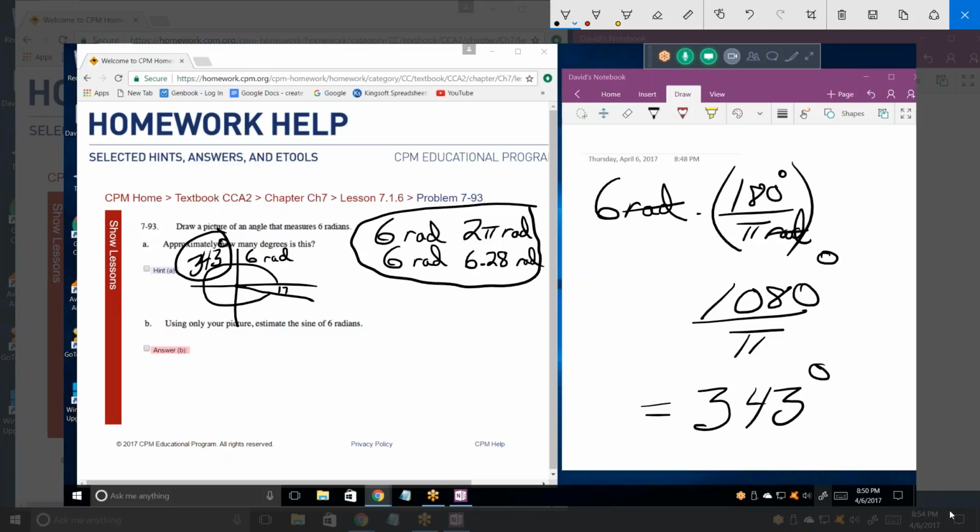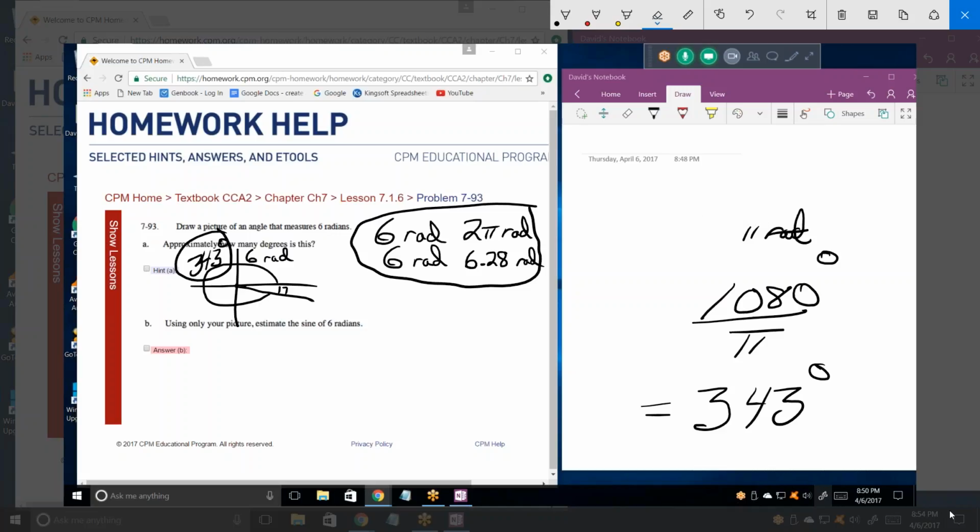Using only your picture, estimate the sine of 6 radians. Well, here's what we're going to do. We're going to use only our picture.